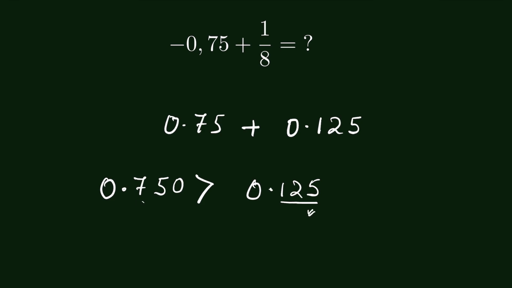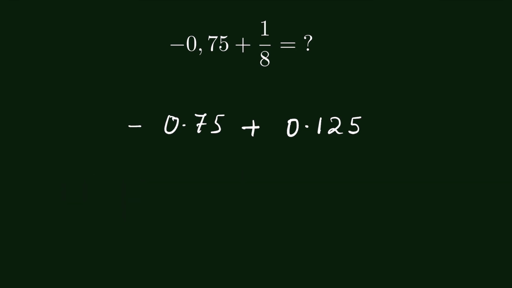Okay. Now put a negative sign here. What does that make it? It means now that positive 0.125 is bigger than this 0.750. How do we add this or subtract it? Because if it is written like this, we can also write it 0.125 minus 0.75, because this negative sign is with this number and this positive sign is with this number.